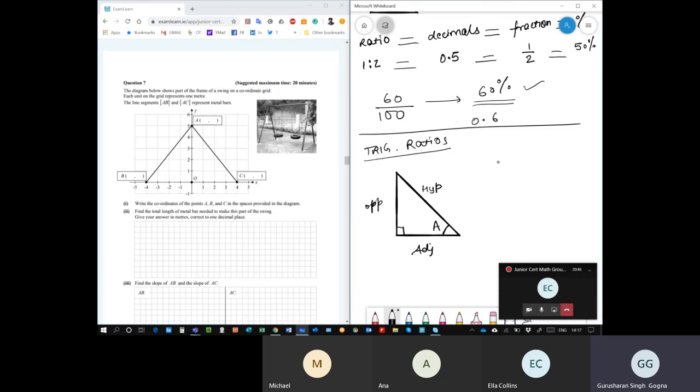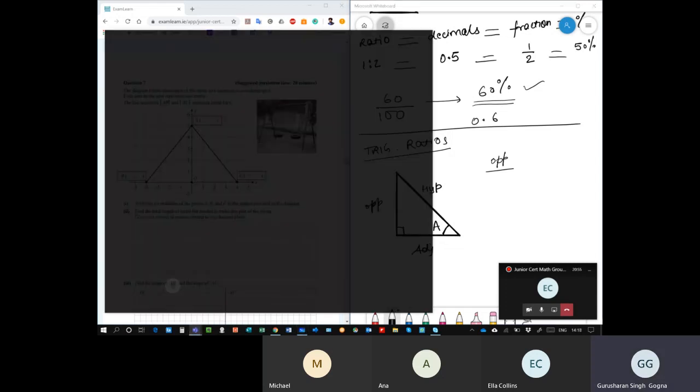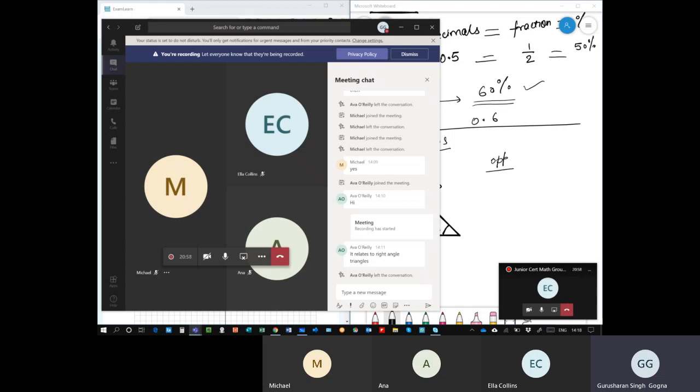So here we are talking about the ratio of the sides, which means how many ratios can you form out of these three sides? Any idea? How many ratios can you form using three sides of a triangle?